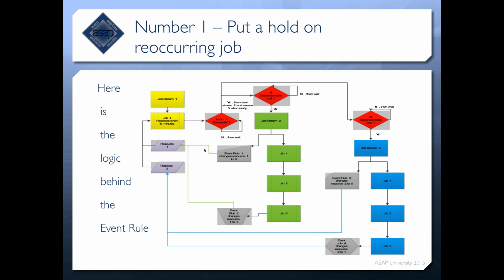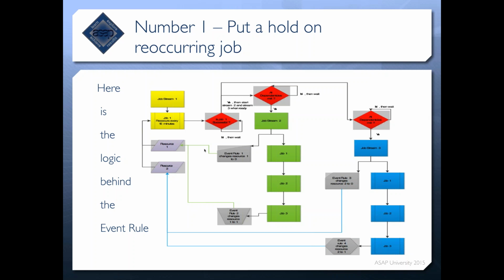So that's why we had the 2 different resources. The reoccurring job, job 1 here in the yellow, will not run if either resource 1 or resource 2 has a 0. They both have to have 1 for this reoccurring job to actually kick off.